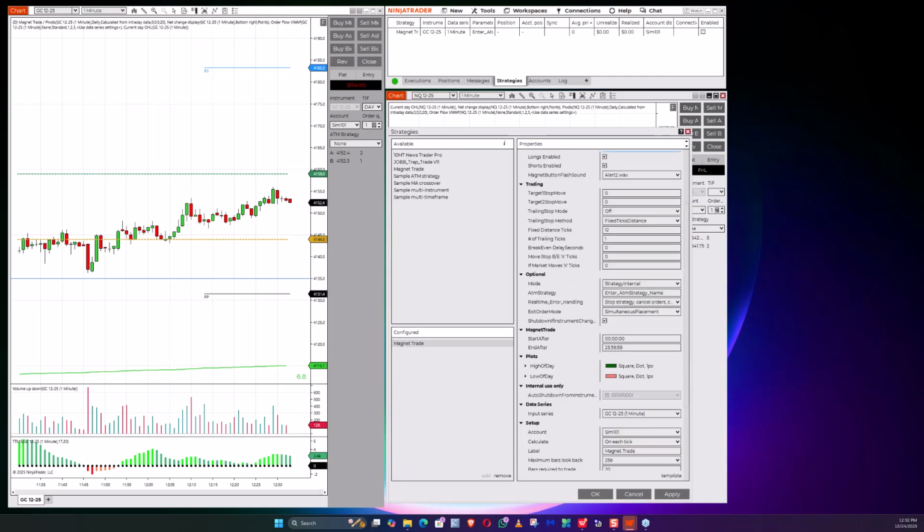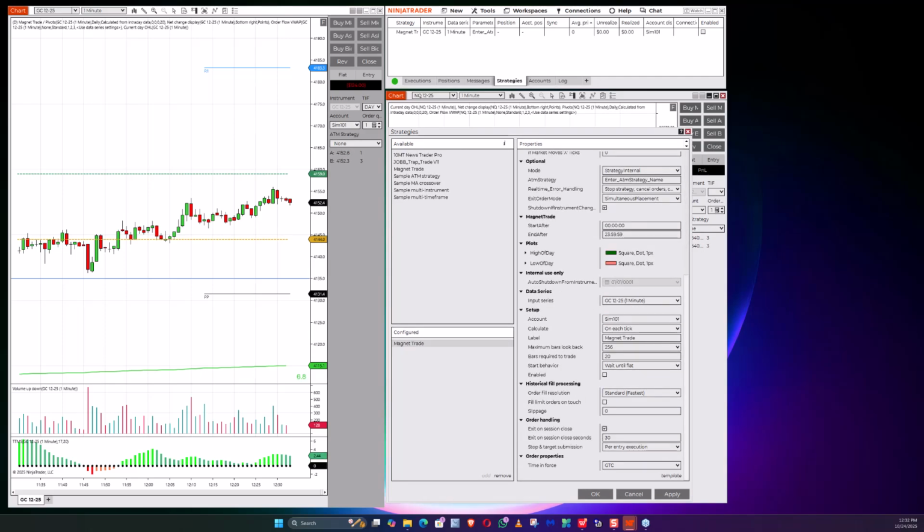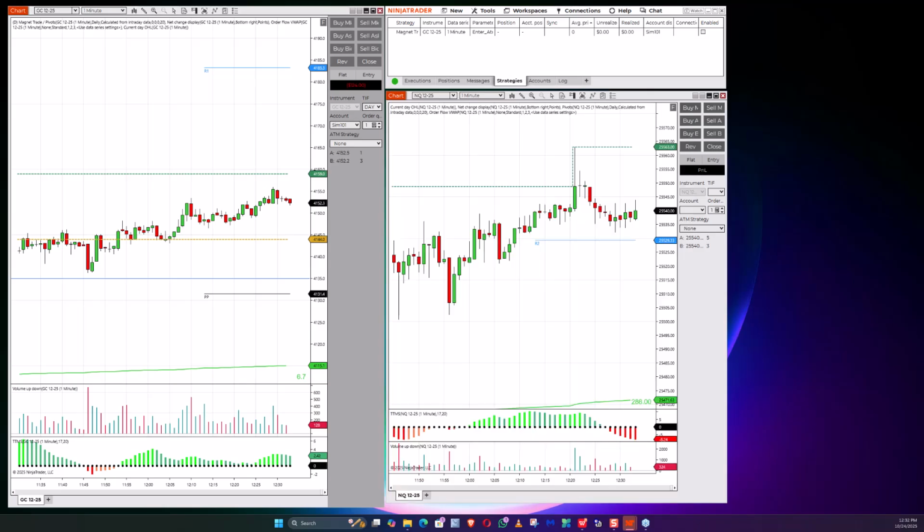It's virtually almost done. Watch what happens when I apply it and turn it on. So remember, what did we say? Our magnet is the exit, right? To make it easy to put your levels on, we typed in the magnet exit, 41.35. But it's a short trade, right? Because we're above that level. Price is up here. To make this magnet trade work, we need the market to go down.